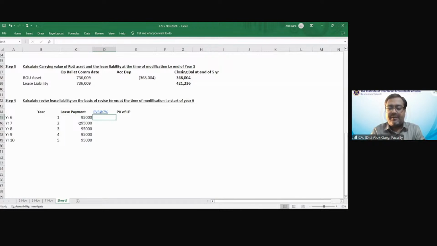1 divided by 1.07. Okay. What is my present value of lease payment? This multiplied by this.